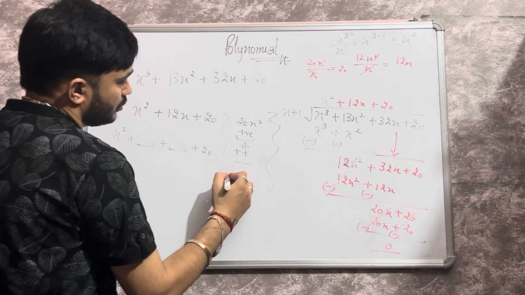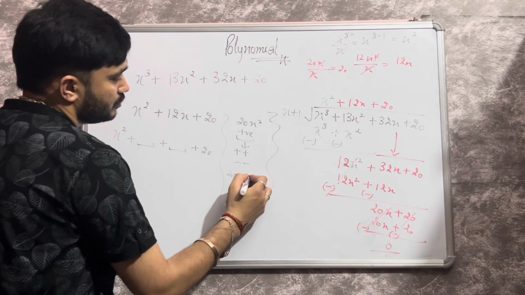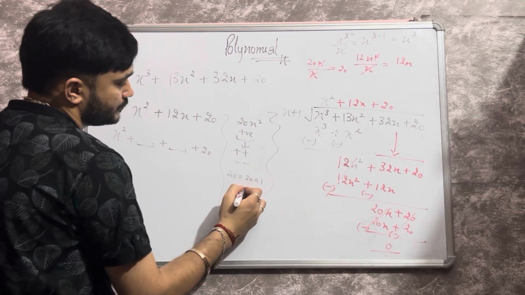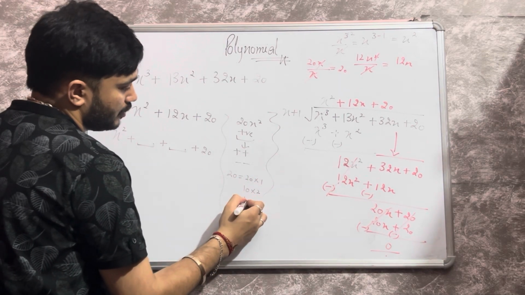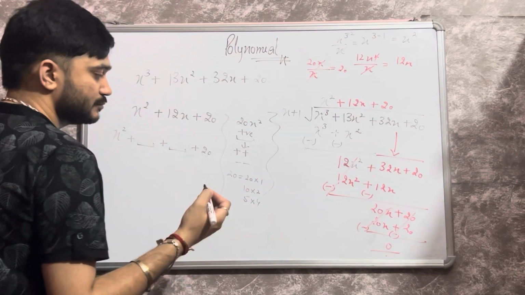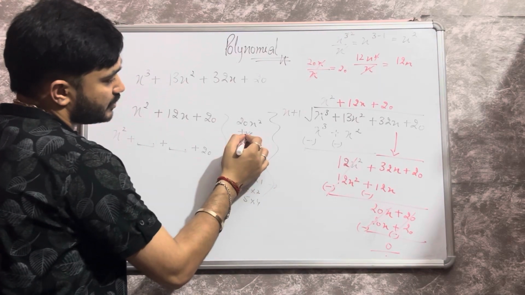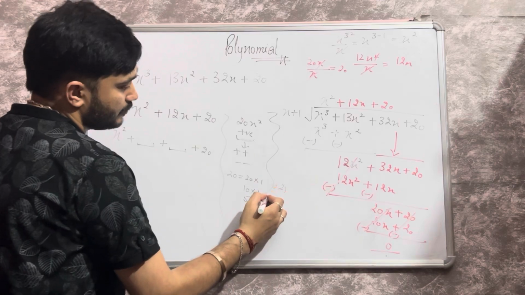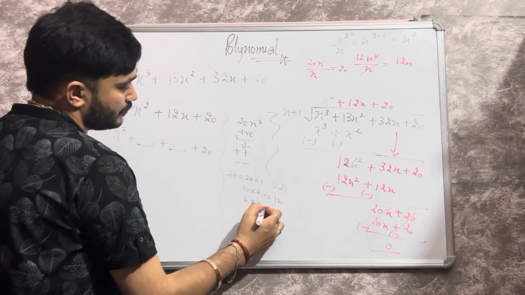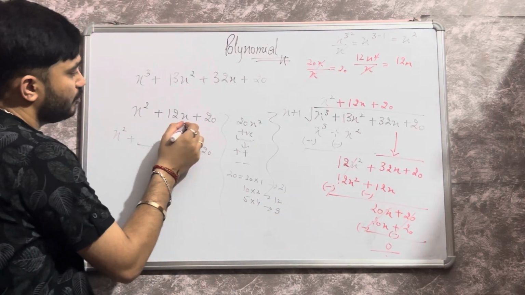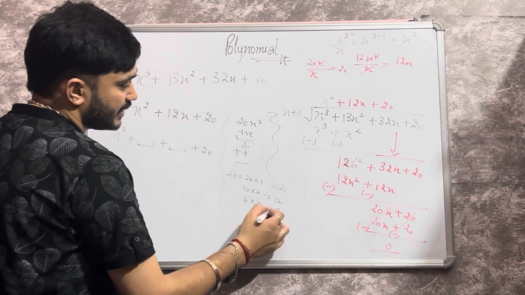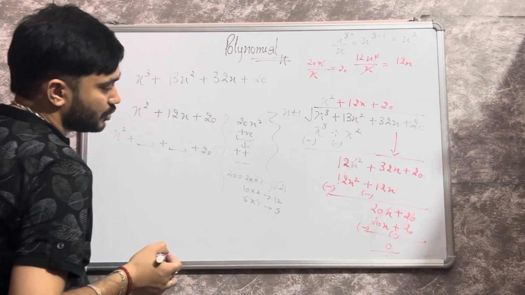Now 20 is equal to 20 into 1, 10 into 2, 5 into 4. Add both the numbers because our answer is positive: 21, 12 and 9. Since we require 12 here, the second is our case, not the first or third.